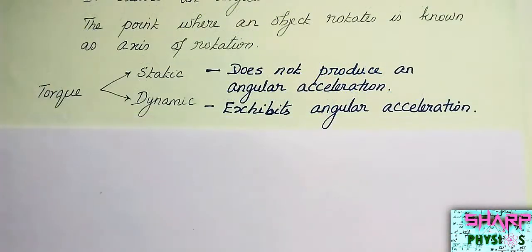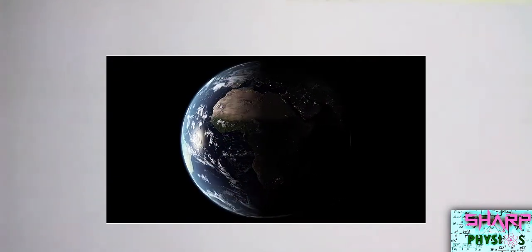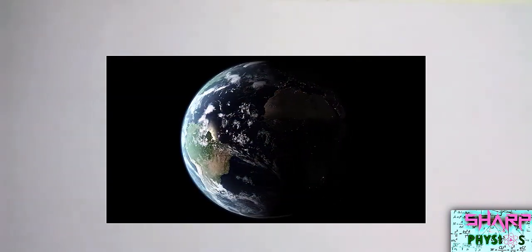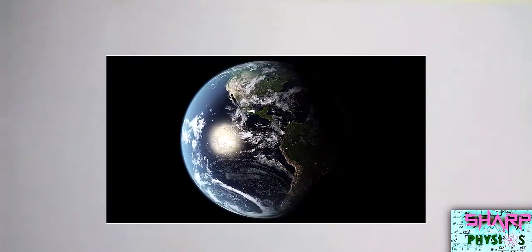Torque is not a new concept. It's a concept which has been from the creation of the world itself by God. Now we will see how it's been during the creation itself. You can see the earth which is revolving around the axis.